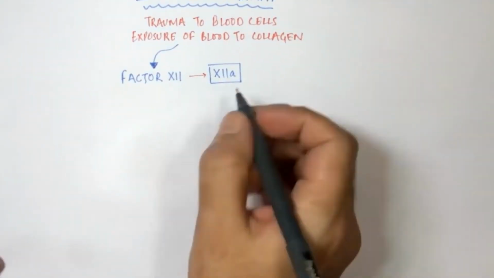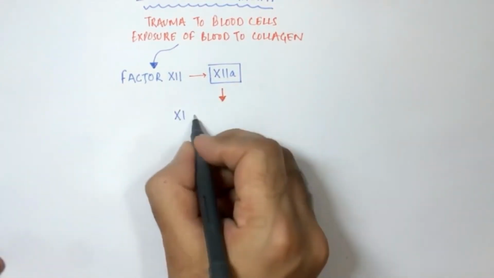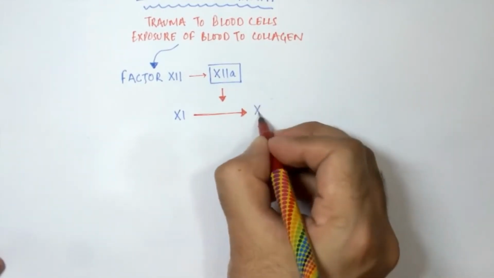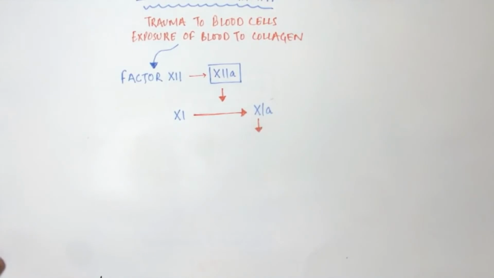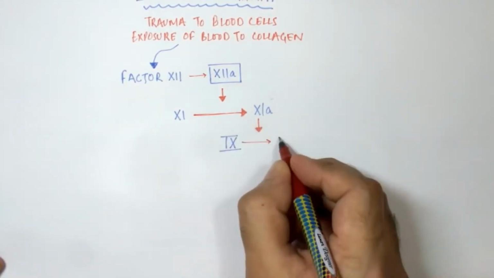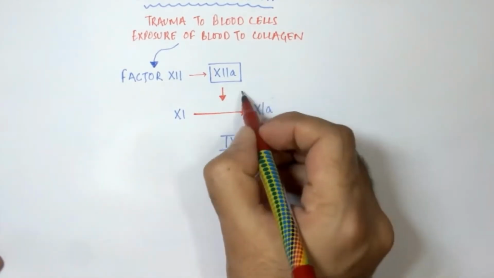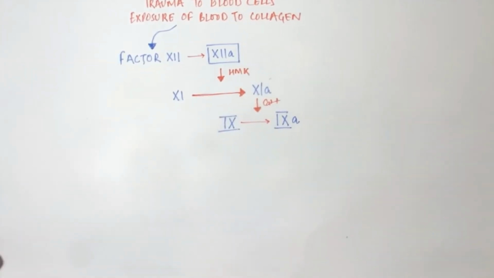So when factor number 12 is activated, it acts upon factor number 11 and causes its activation, that is 11A. And this 11A factor acts upon factor number 9 and forms factor number 9A. And these reactions require some cofactors such as high molecular weight kininogen and calcium ions.